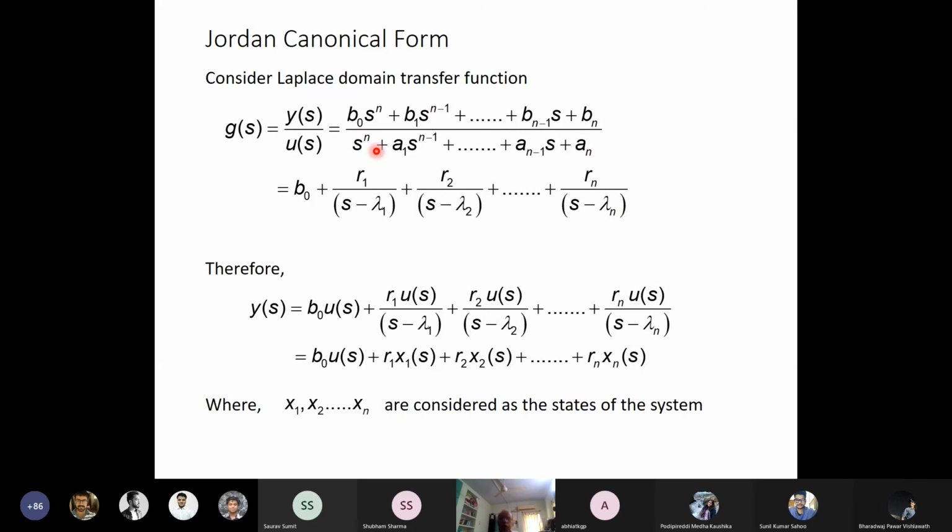So once we write this general form of transfer function in a partial fraction form, then we write G(s) is Y(s) by U(s).